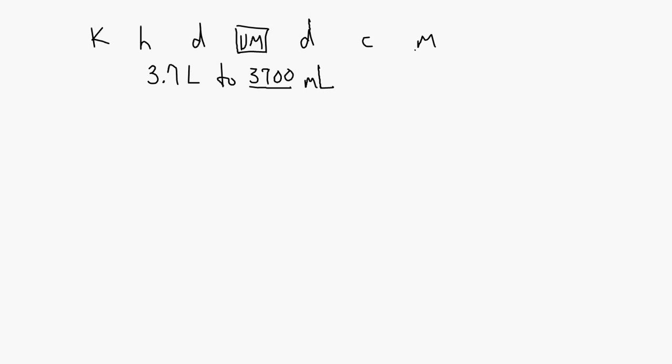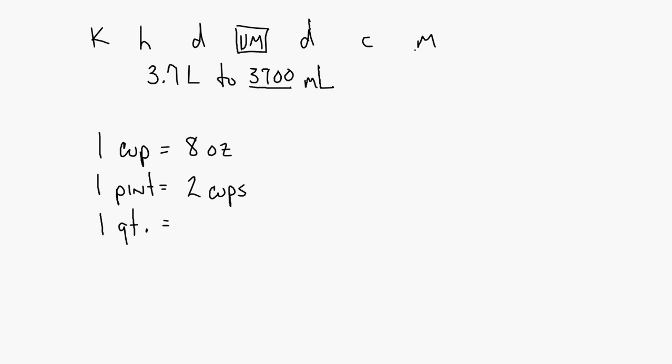Here you need a couple of other conversions. Write down, we're talking units of capacity now. 1 cup equals 8 ounces. 1 pint equals 2 cups. 1 quart, that's 2 pints, isn't it?